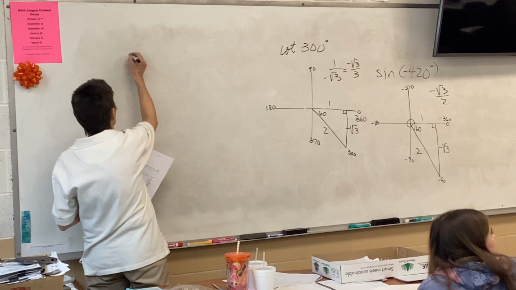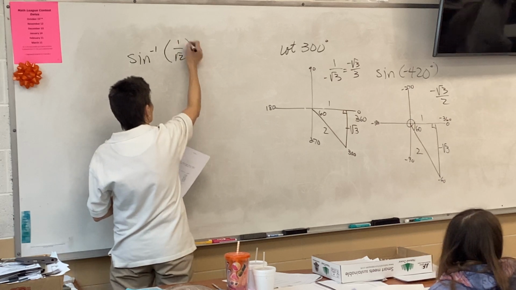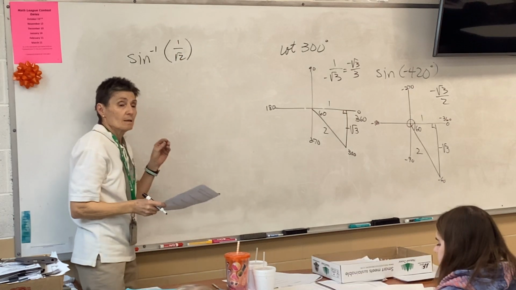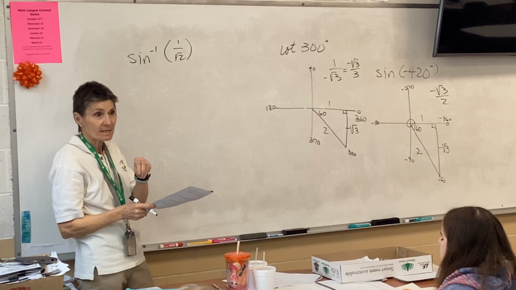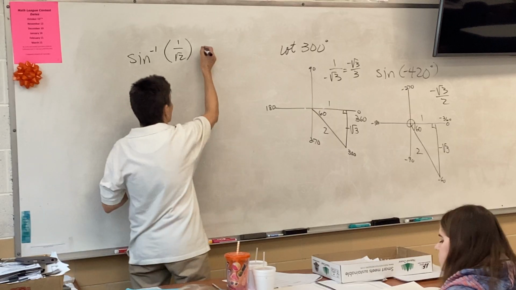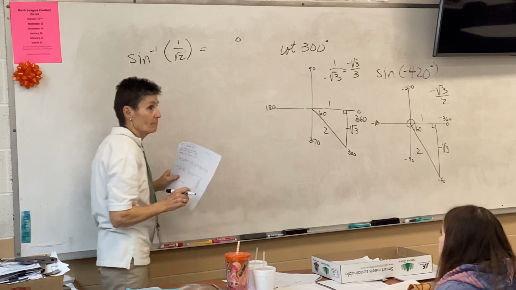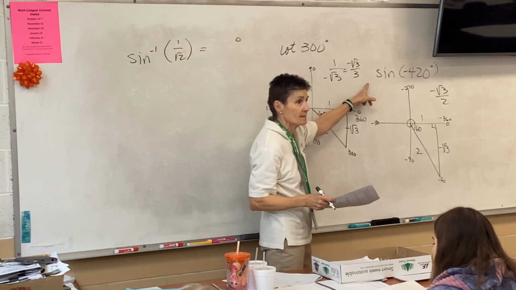Alright, inverse sine 1 over root 2. Now, that notation means I'm finding an angle. That answer is going to be some degrees. That answer will not be a fraction like this.